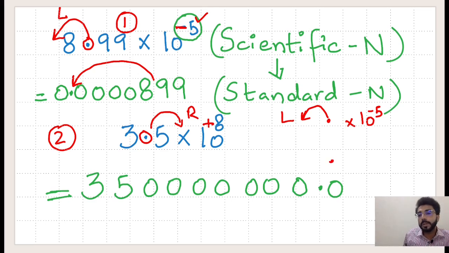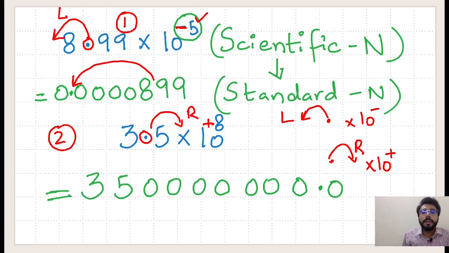When the exponent is negative, the decimal point moves toward the left side, and when the exponent is positive, the decimal point moves toward the right side. How many digits? The exponent is given here.